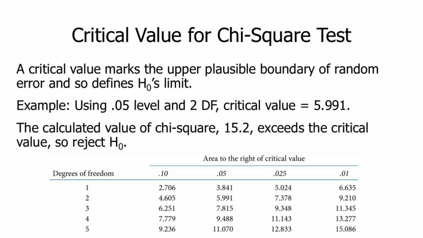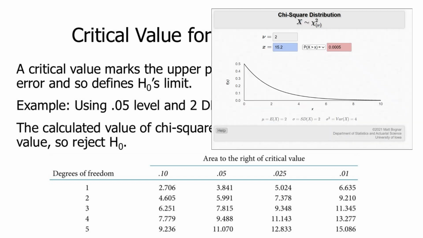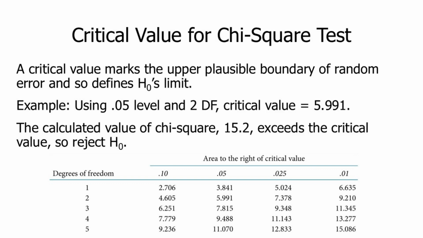The computer analysis that you are probably going to be doing will return a p-value, probability value, or a sig value. I'll put in 15.2, and this applet returned 0.0005. Under the assumption that the null hypothesis is correct, we would obtain the observed data that we got in that table about gender and diplomacy versus force about 5 times out of 10,000 by chance, so we reject the null hypothesis.